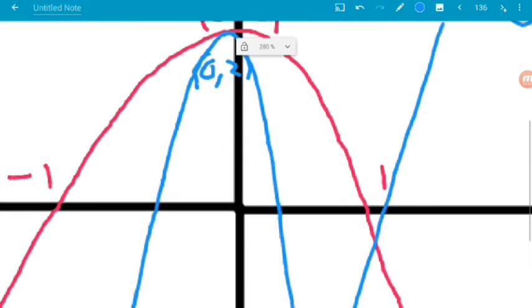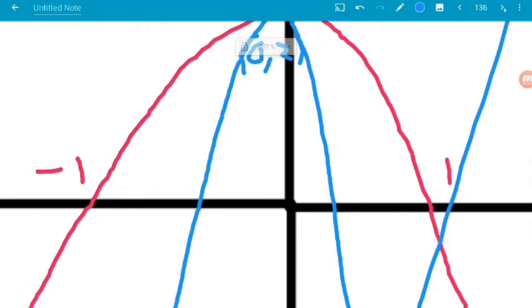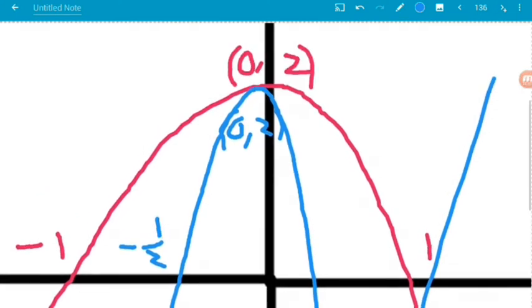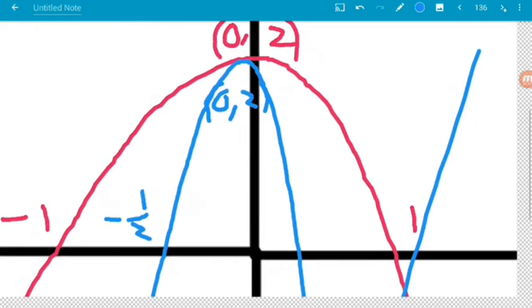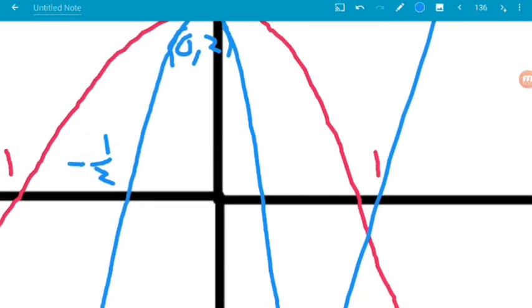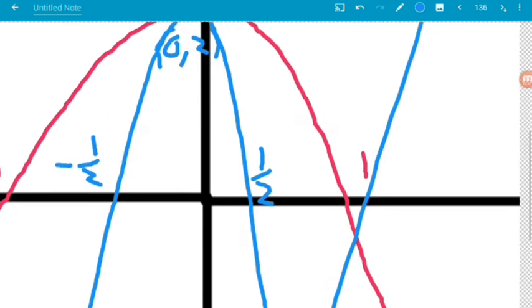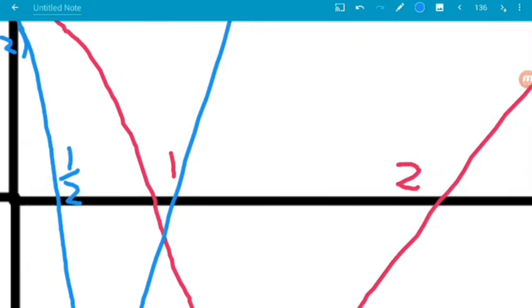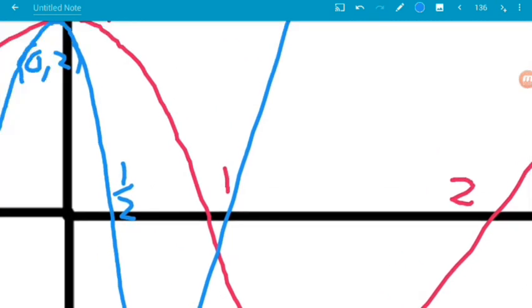Starting from the left, the point that was at -1 is now going to be at -1/2. The point up here at (0, 2) is still going to be (0, 2) because 0 times 1/2 is still 0. The point that was at 1 is now going to be at 1/2. The point that was at 2 is now going to be over here at 1.